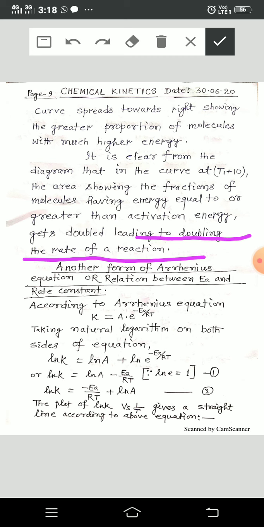Very important: how the reaction rate or rate constant increases double, triple or 4 times when temperature is increased. I will teach you about it and the numericals next day.